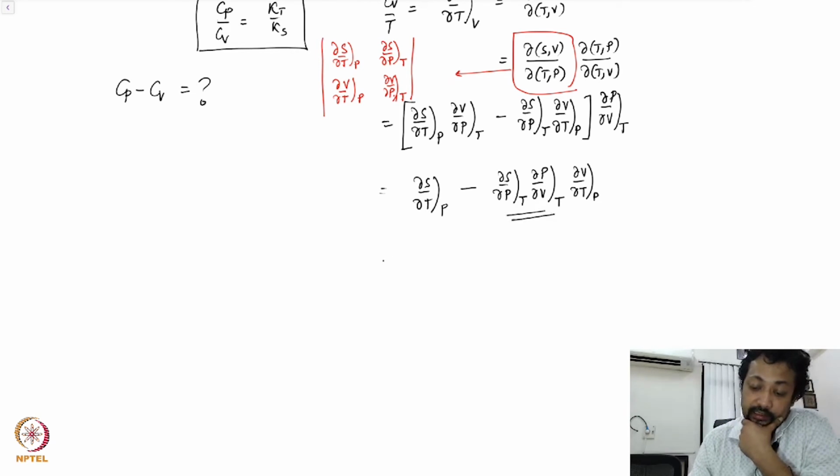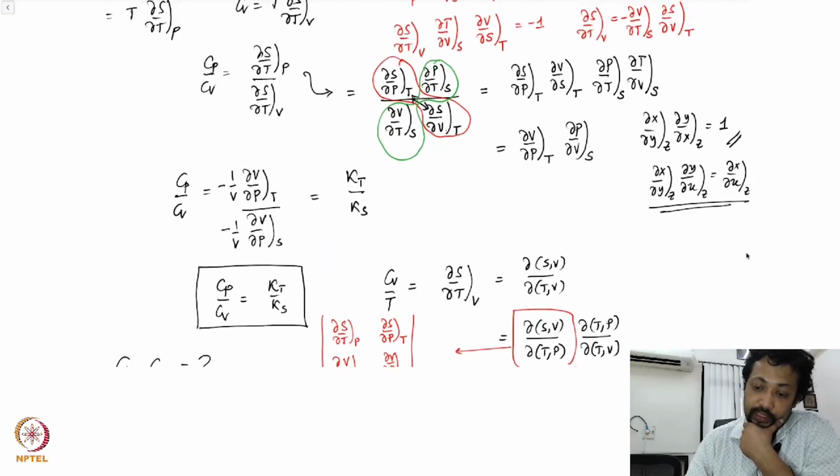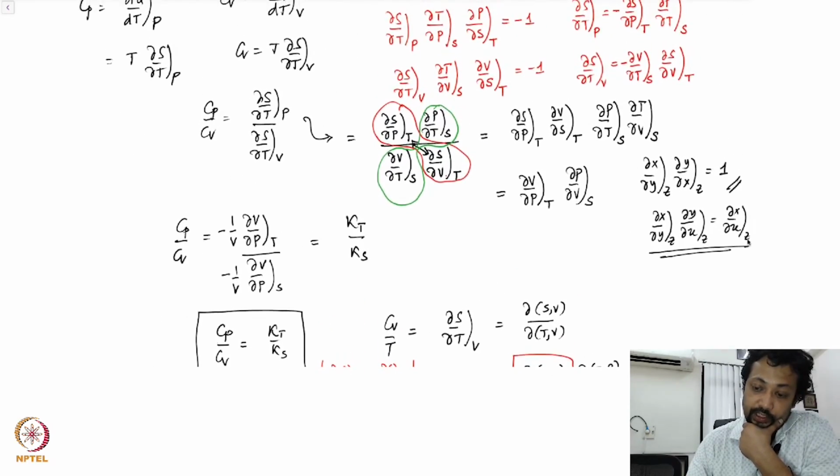This is del S del V at constant temperature times del V del T at constant pressure. So let's see, do I have anywhere del S del V which I can use?